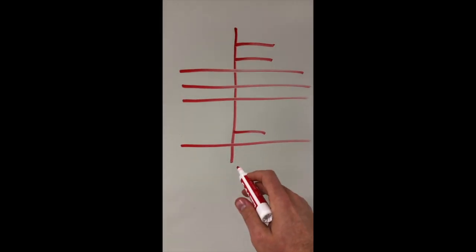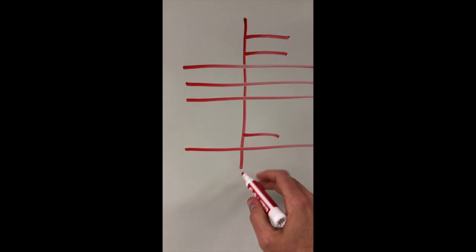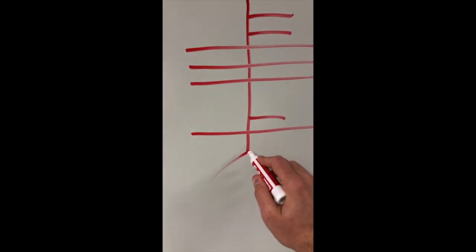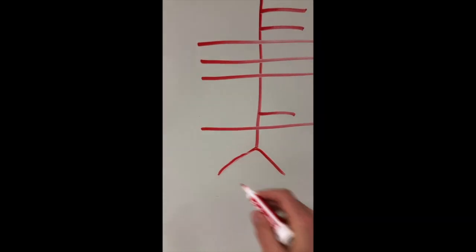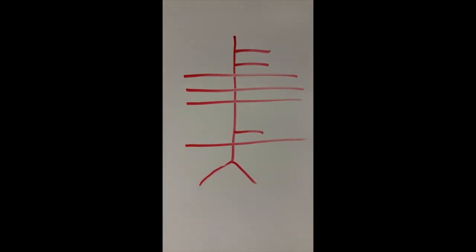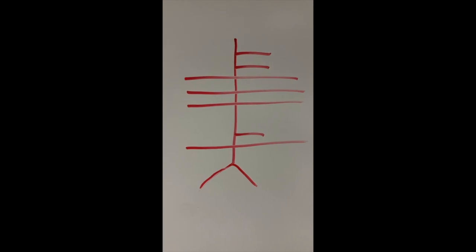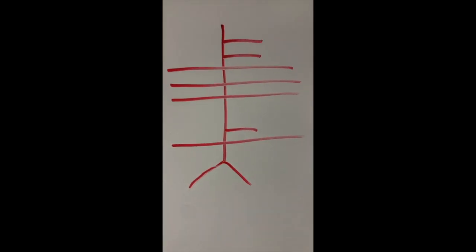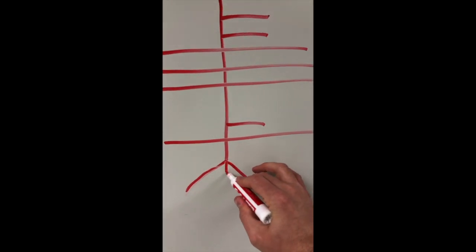So the descending aorta kind of bifurcates right here, splits into a kind of a left and a right external iliac artery, and there's also kind of a continuation down there, an internal iliac artery.